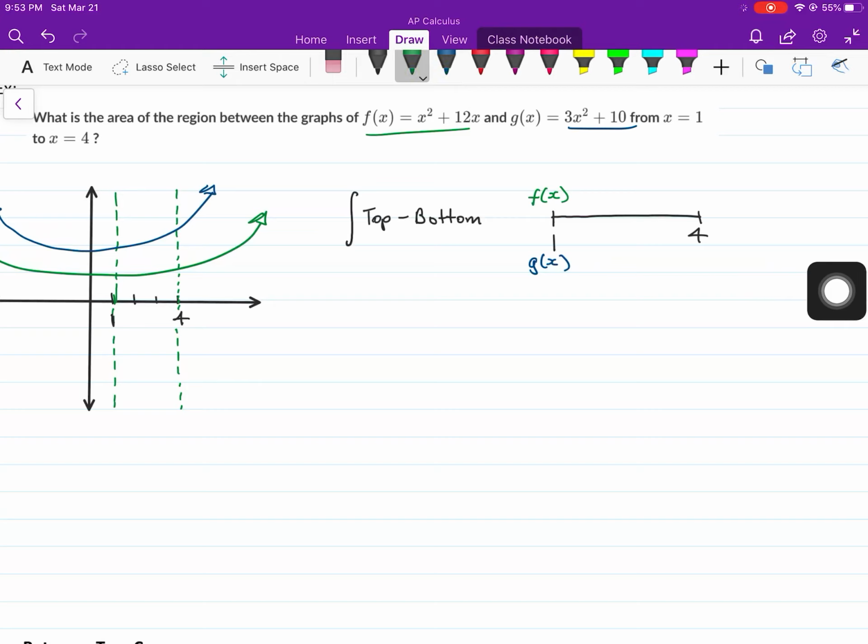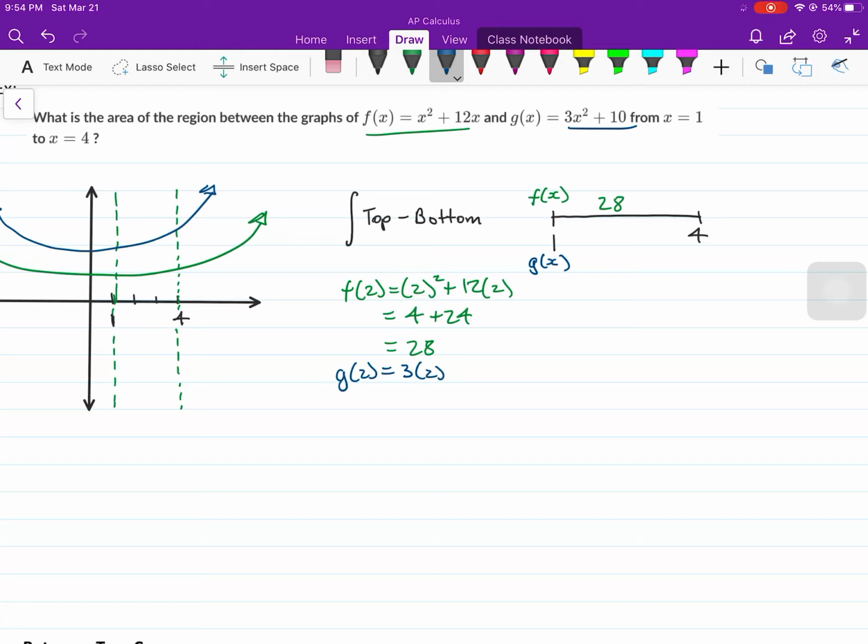Well, let's just say 2. So f of 2 is going to be 2 squared plus 12 times 2. So 4 plus 24 is 28. And then we'll do g of 2. We'll figure out which one's greater. So 3 times 2 squared plus 10 is going to be 12 plus 10, which is 22.